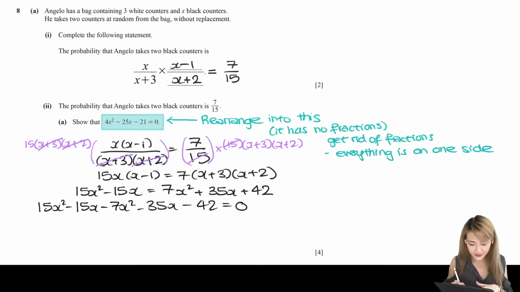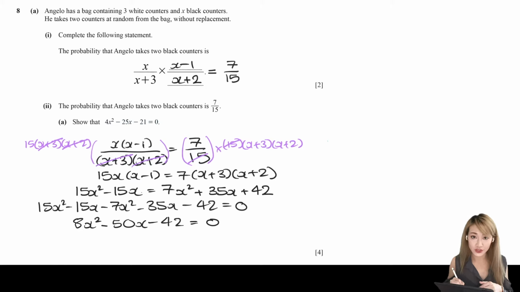And that gives 8x squared minus 50x minus 42 equals 0. And that's still not what we want. And if you notice, the coefficient of x squared is 4 in the expression that we want. And we have 8 as the coefficient of x squared right now. And 8 divided by 2 equals 4.